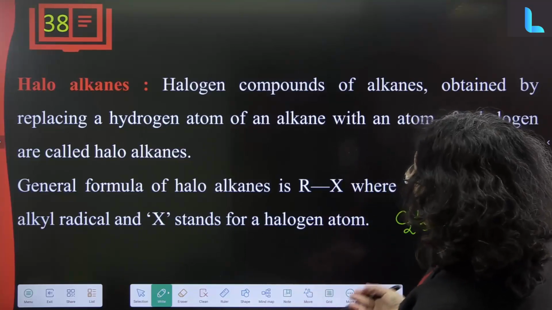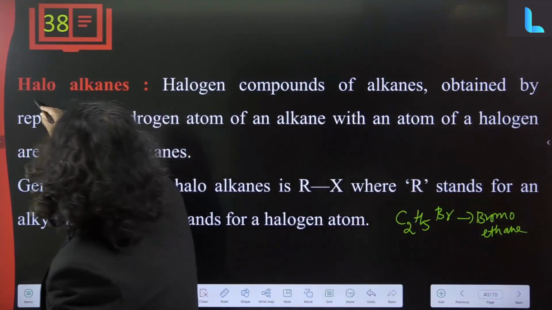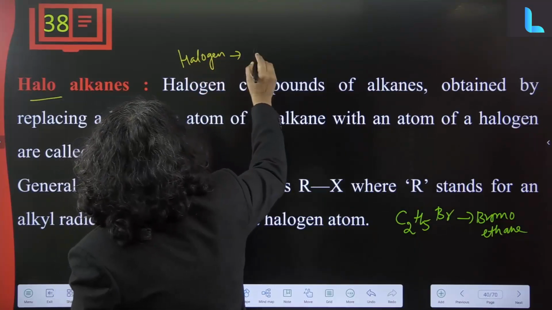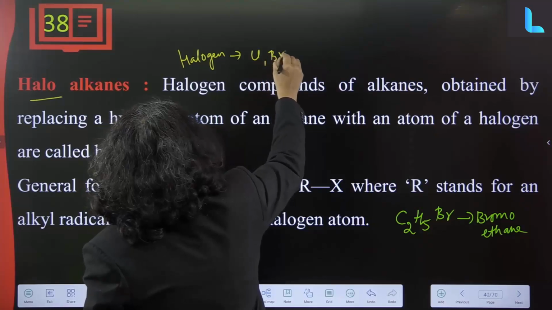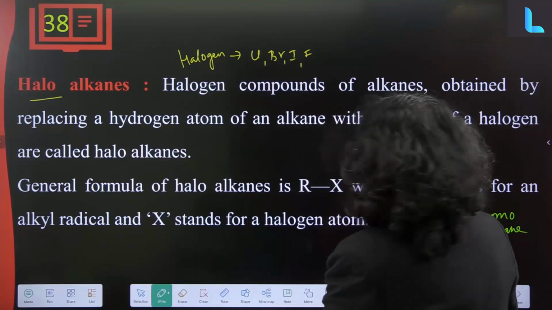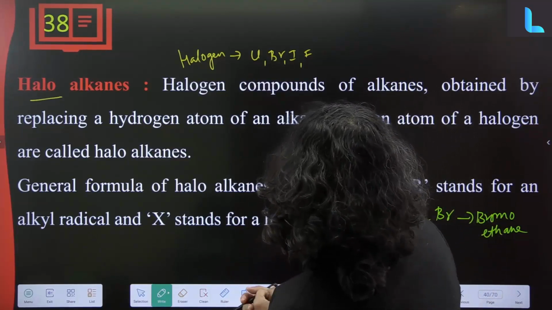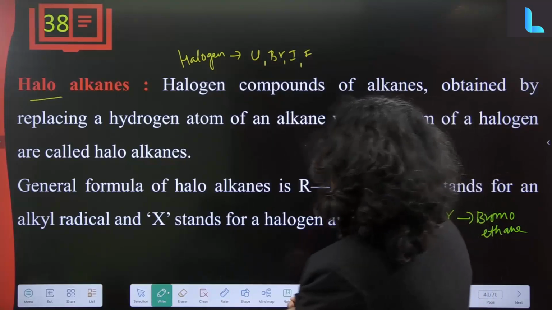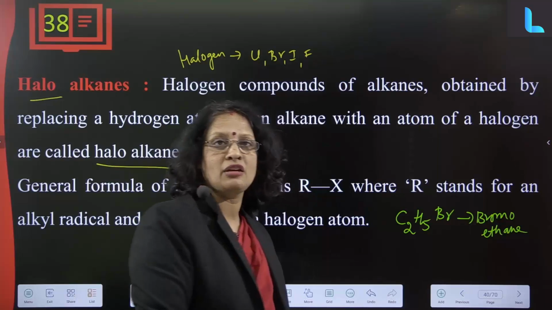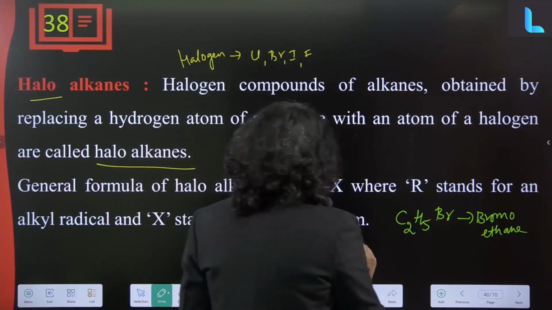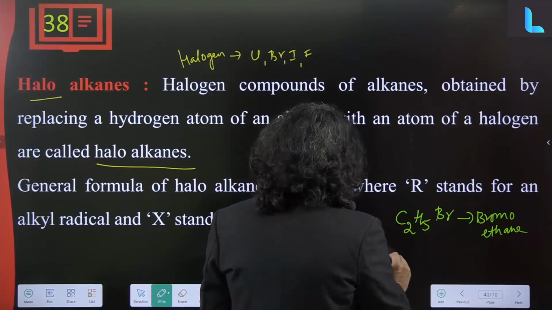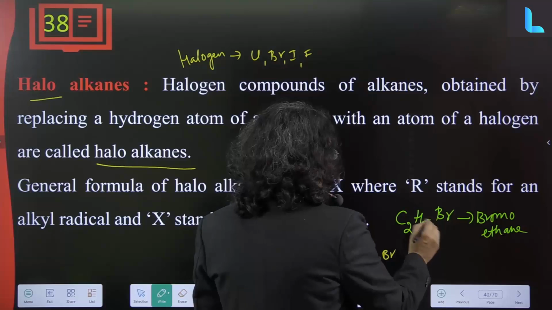Then what is haloalkane? The word halo is used for halogen. Halogens are the group 17 elements, like chlorine, bromine, iodine, fluorine. Halogen compounds of alkanes, obtained by replacing a hydrogen atom of an alkane with an atom of halogen, are called haloalkanes. Like we can see here C2H6, ethane: if 1 hydrogen is replaced by Br, what you get is C2H5Br.